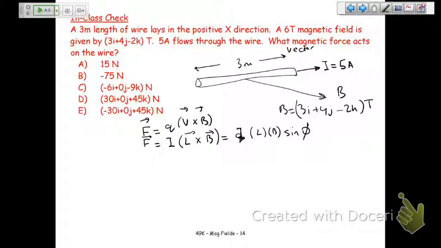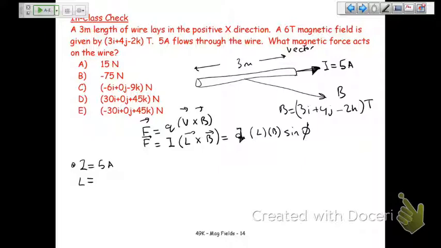So I say, well, I know I is equal to 5 amps. I know that my L is going to be 3 meters in the positive x direction. Why positive x? Because I drew my current flowing in the positive direction. If I'd done my current flowing in the negative direction, it would be negative, that distance. It's the length in line with the current.